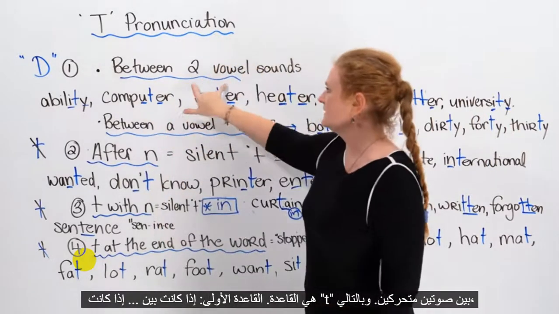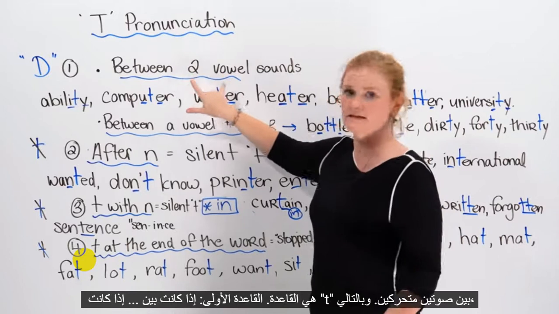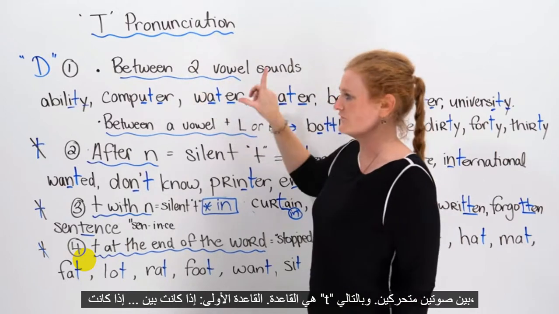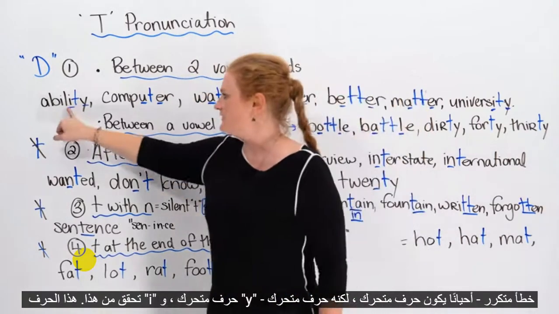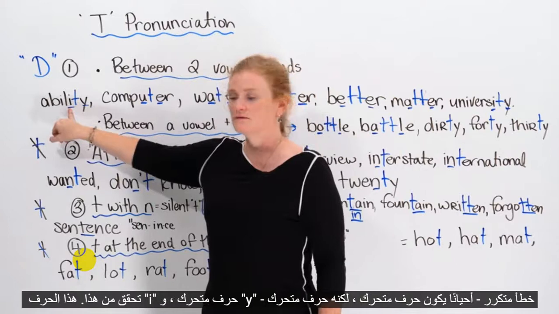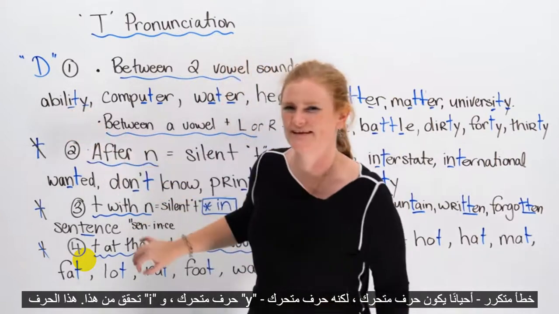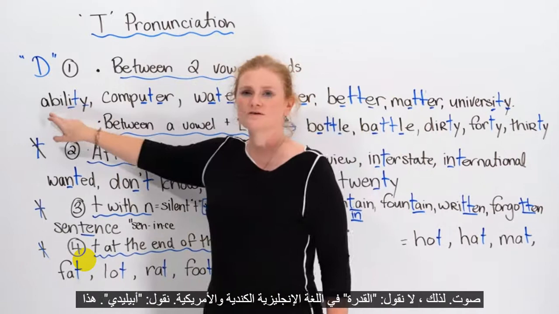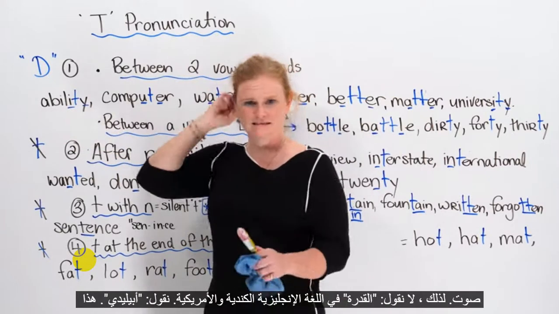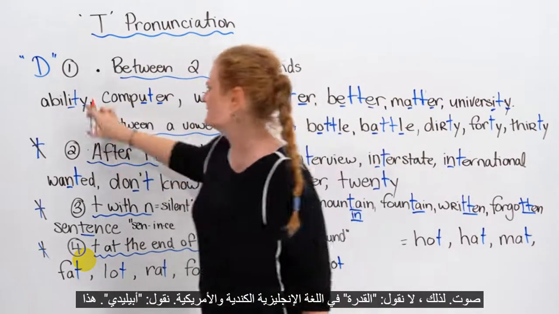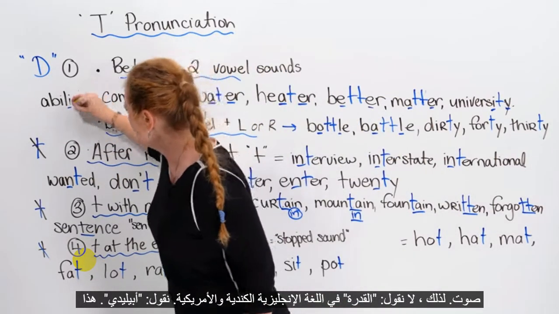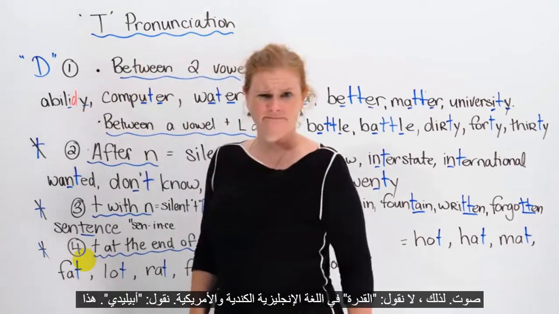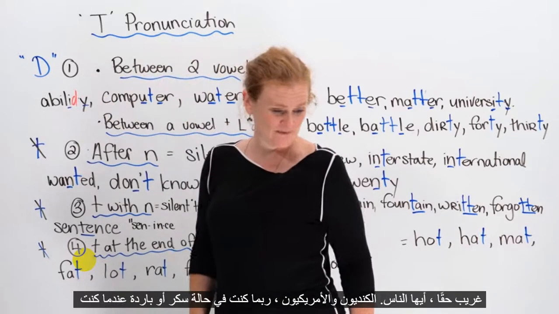So, this is the rule. Rule number 1. If the T is between 2 vowel sounds. So, check this out. This I is a vowel, and Y, sneaky bugger, sometimes is a vowel, but it's a vowel sound. So we don't say ability in Canadian and American English. We say ability. That's really strange, people.